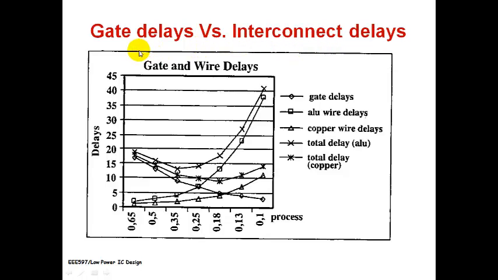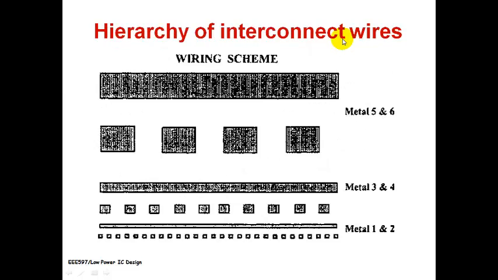And as we have discussed, gate delays and interconnect delays are so important, and we discussed them for each of these two metals, aluminium and copper.